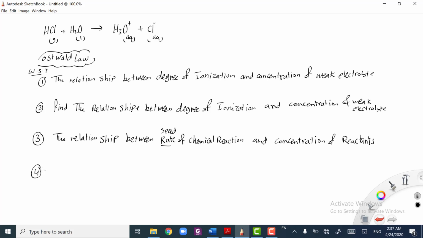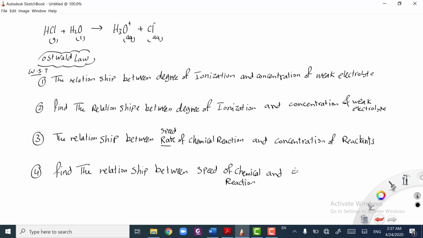Number 4, find the relationship between the speed of the chemical reaction and the concentration of reactants.